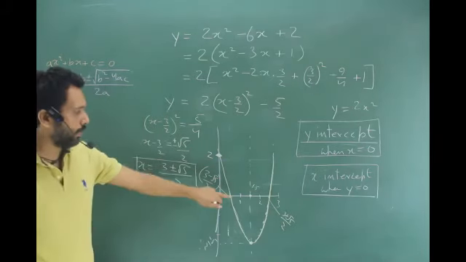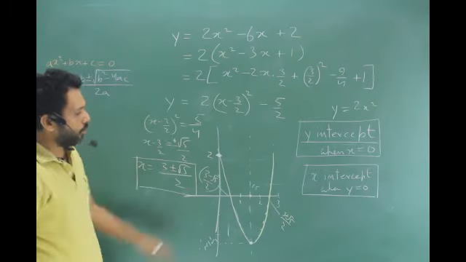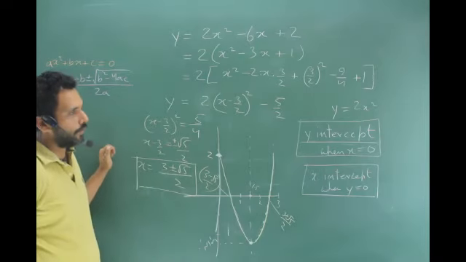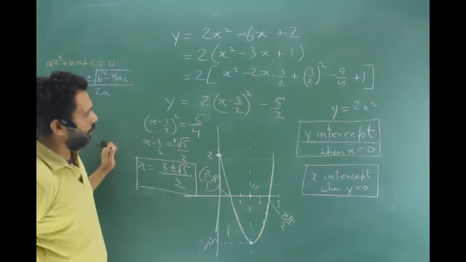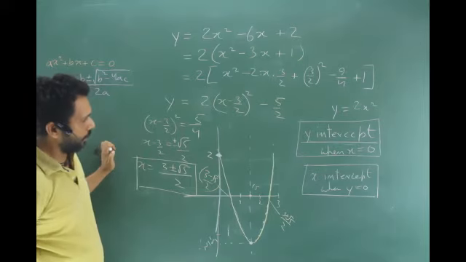Obviously this is not going to breach 0 because root 5 is around 2.2, right? 2.2 square is 4.84, right? Watch the video again. I'm speaking a bit fast, but you watch it again and I hope you'll understand very well.